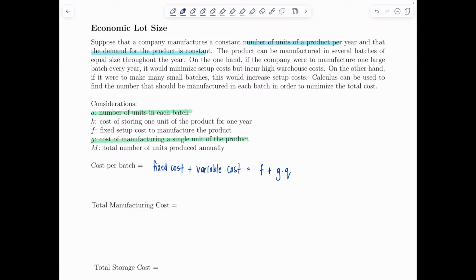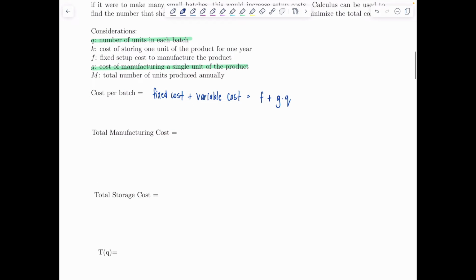Good. Okay, what about the total manufacturing cost? Well, that would be whatever the cost is per batch times the number of batches that you make throughout the year. We just figured out what the cost was per batch up above.